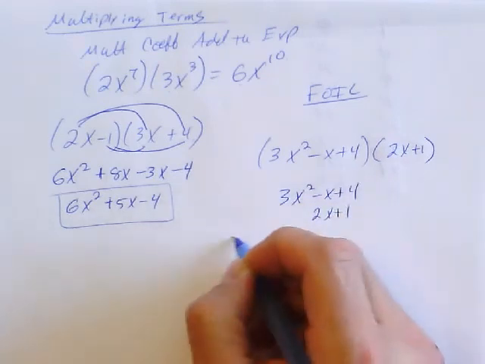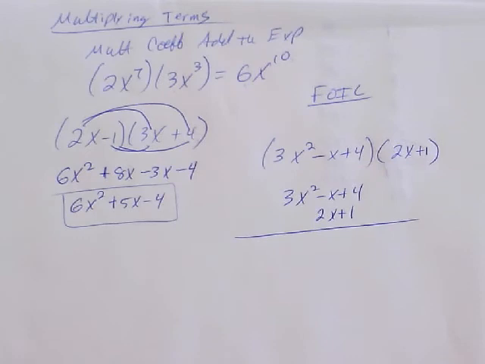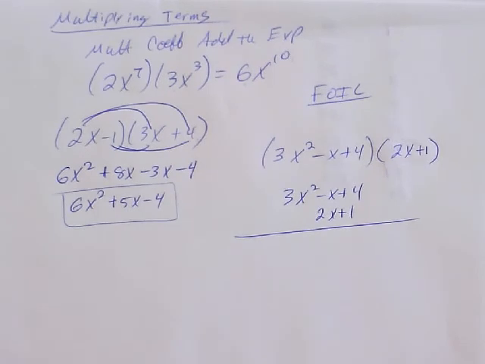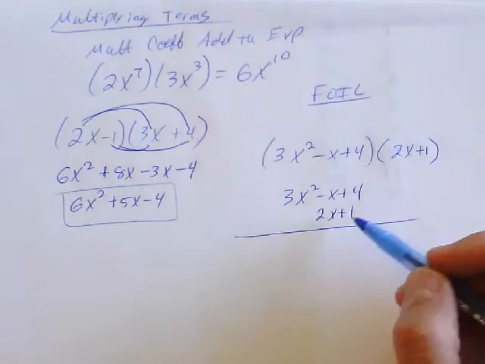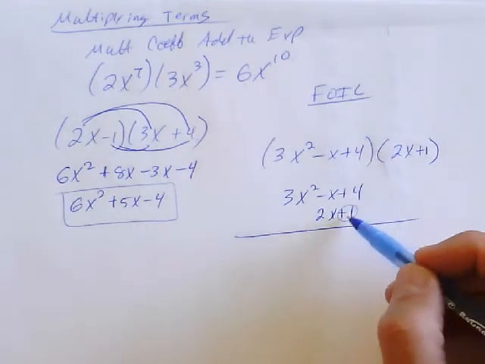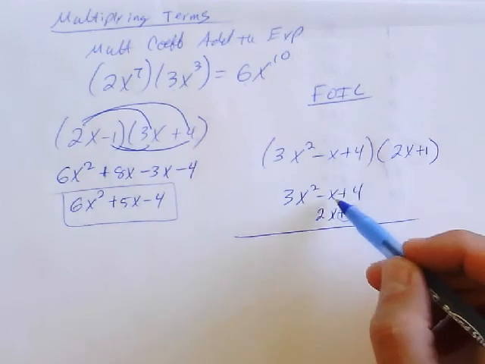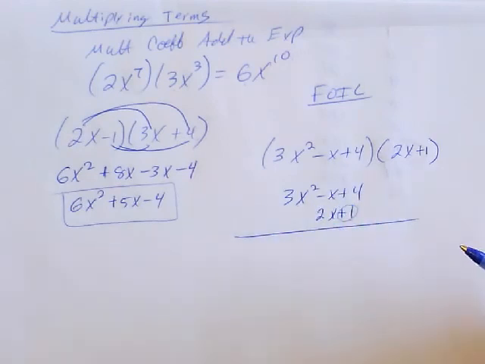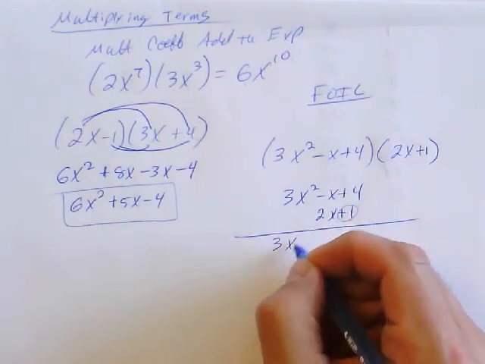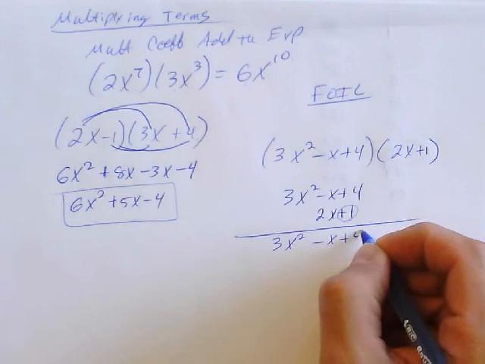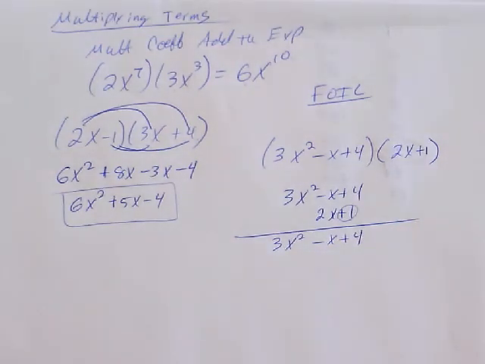I like to rewrite this as 3x squared minus x plus 4. Then I write the 2x plus 1 underneath. And I basically multiply it the way you would a 3-digit and 2-digit number, because in theory it's the same thing. I'm going to start off with my 1. I'm going to multiply 1 by each of these terms. So 1 times 4, 1 times negative x, 1 times 3x squared.